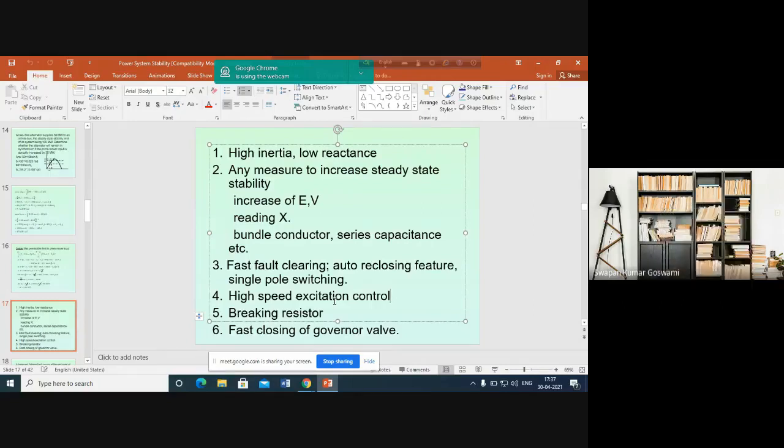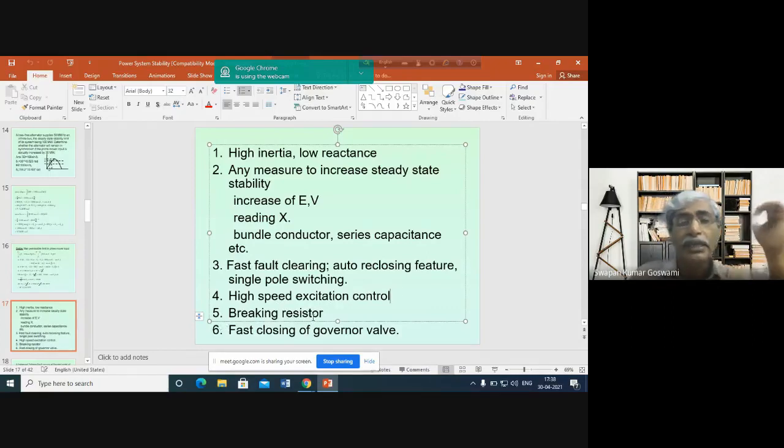We have seen that accelerating area must be equal to decelerating area. So depending upon our requirement in maintaining transient stability, we can either increase or decrease the peak of the power angle curve, such that the stability of the system may be properly maintained. Okay, this is how the high speed excitation controller will help in maintaining stability.